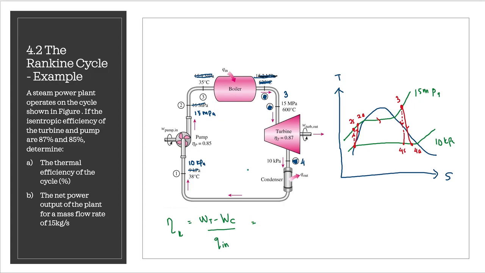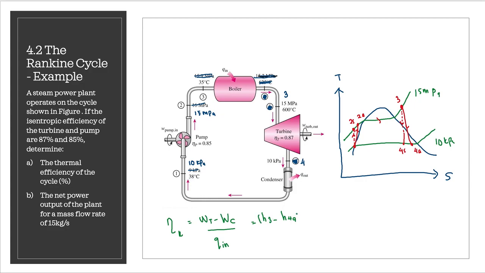So here work of turbine is H3 minus H4. Since this turbine has an isentropic efficiency, we have to put A here.